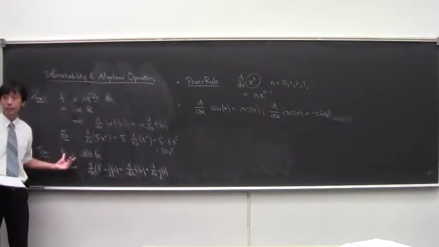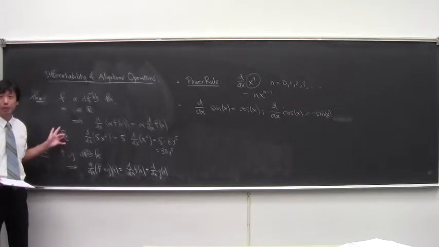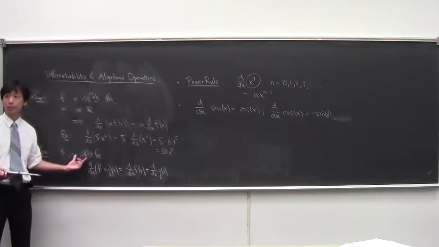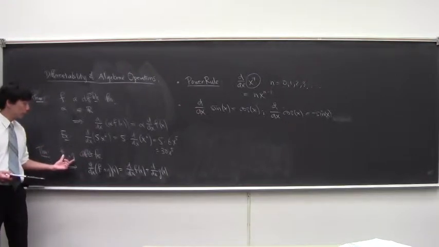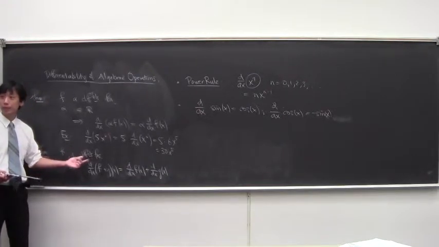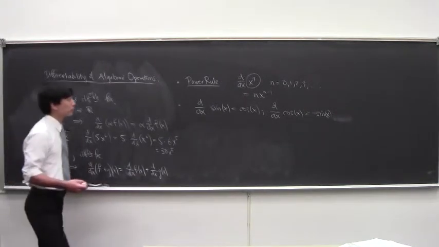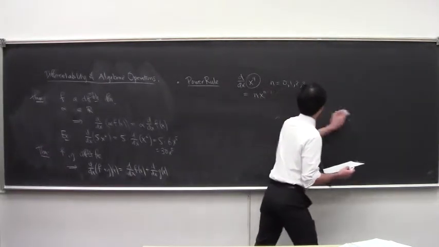So how does differentiation interact with addition? Well, again, it commutes. It doesn't matter what order you do it in. You can take the sum first and then differentiate, or you can differentiate and then take the sum.